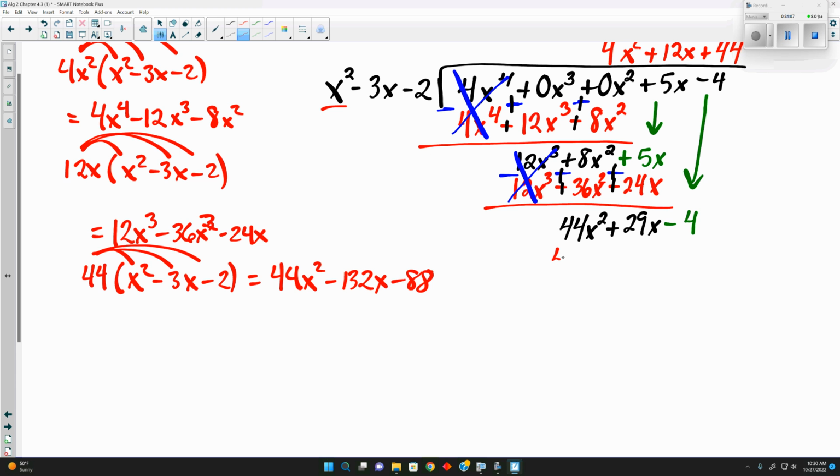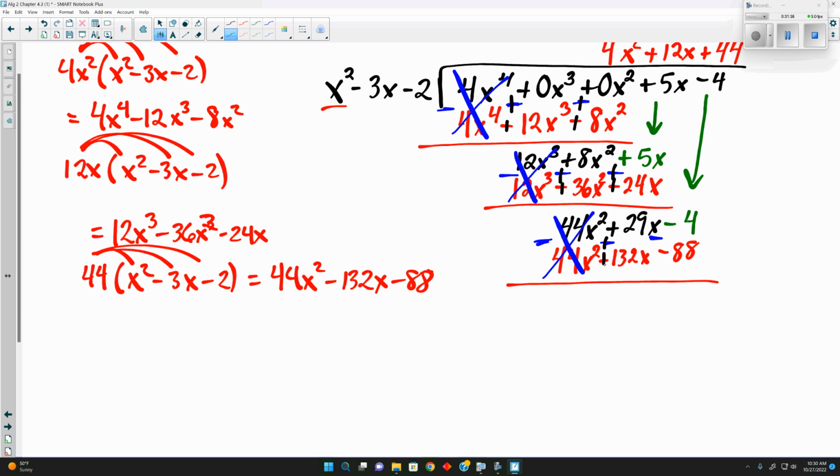And we can put it underneath. So 44x squared minus 132x minus 88. And again, just like before, we're going to subtract. 44x squared minus 44x squared is 0, just like we wanted. Our next one, 29x minus -132x.